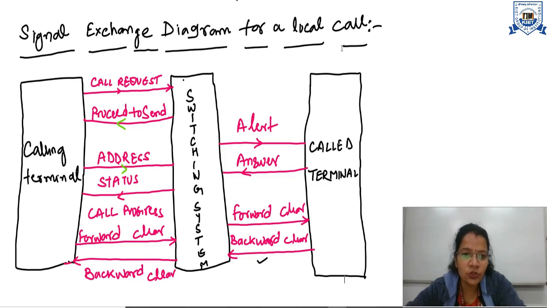In this diagram I have shown all types of signals in making a local call: what are forward signals, what are backward signals.